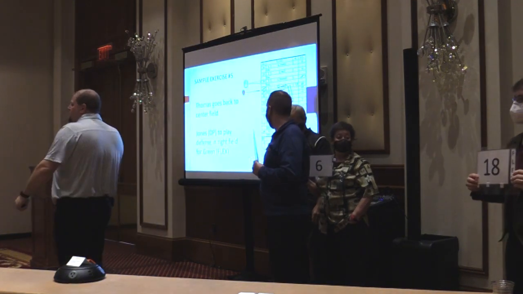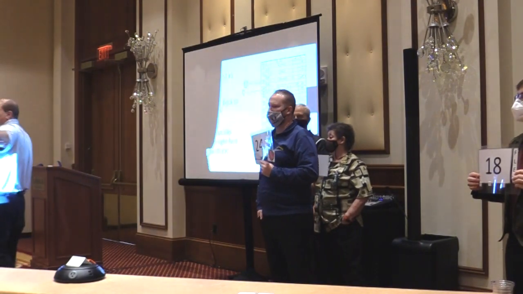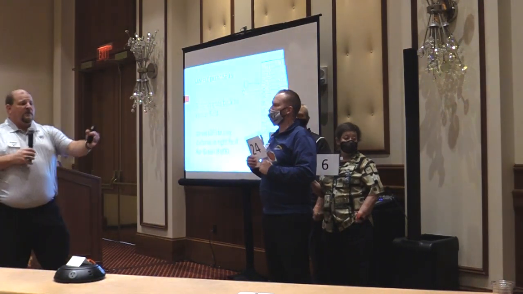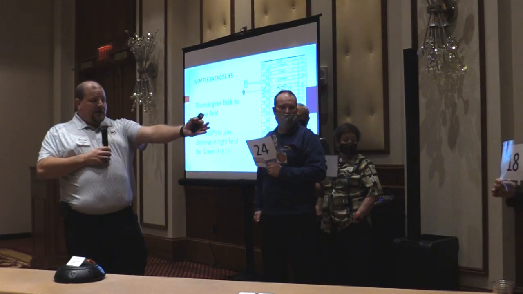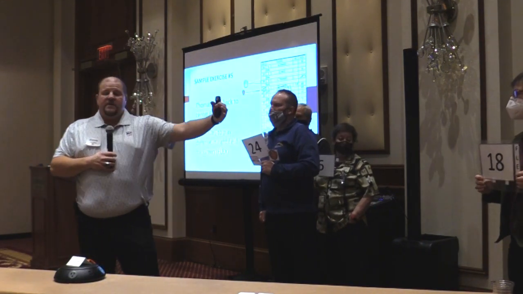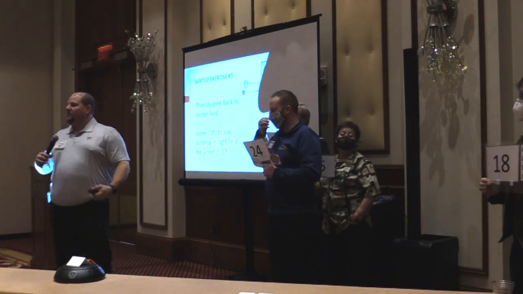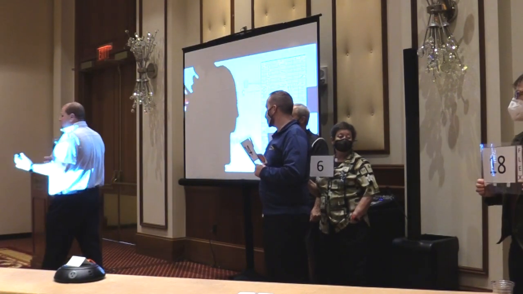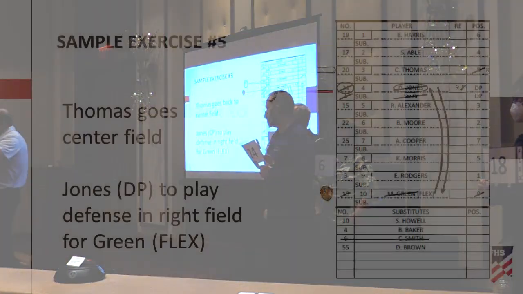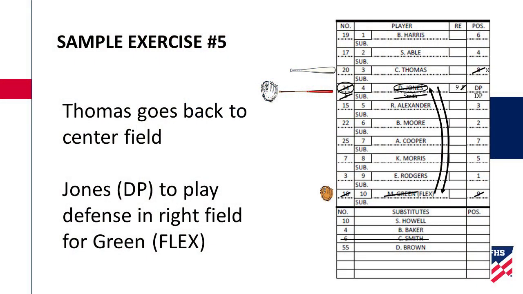So at this point, what has the Flex done? They've left the game because she no longer has, she's still in 10th spot, so we still have them stay there, but they no longer have a job. They don't have a bat, they don't have a mitt, they've left the game. Okay, so again, for those visual learners, it just helps click in just a little bit deeper that, yeah, okay, they don't have a job anymore, they have nothing on their board, so now we know they've left the game.